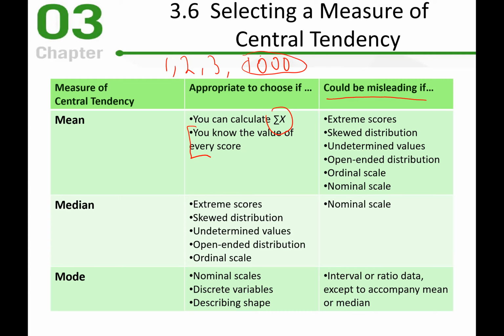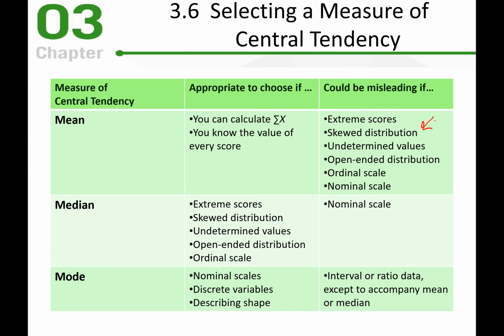But not only that, it's not accurately telling you where the center is, because most of the other scores are close to each other and way smaller than this extreme value. That is why it is not a good idea to use the mean if you have an extreme score. For the same reasons, it's not a good idea to use a mean if you have a skewed distribution, because again, you have some extreme scores.